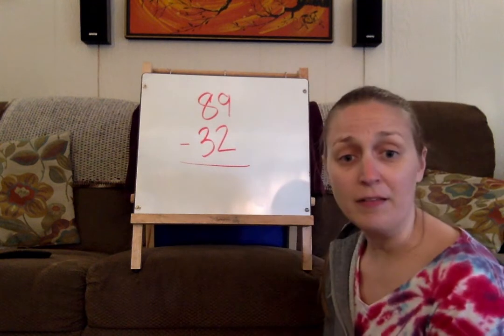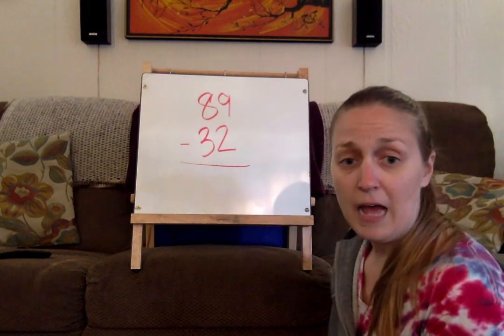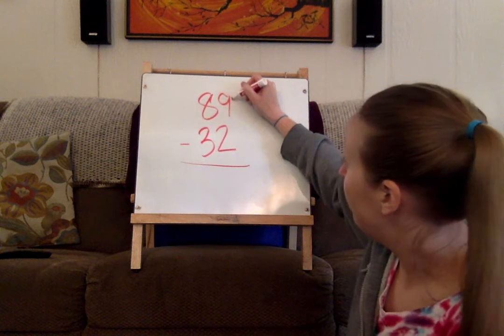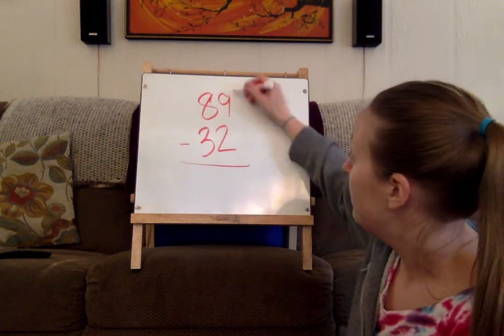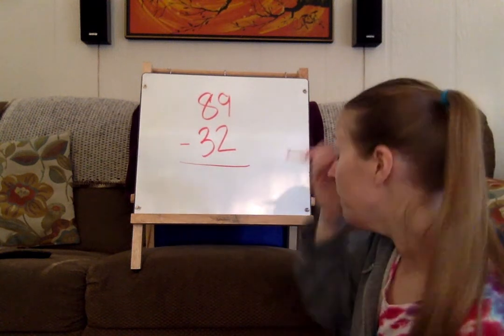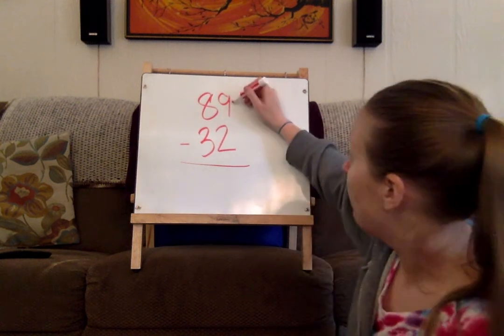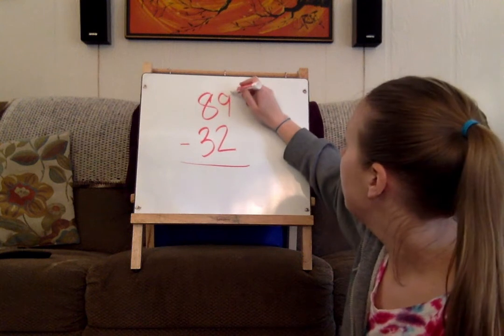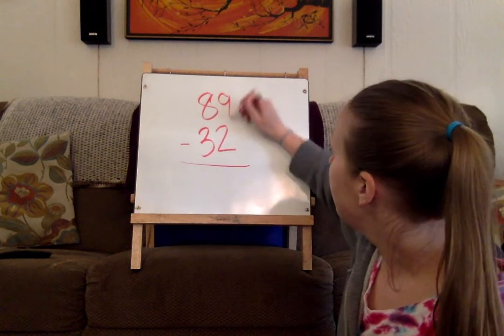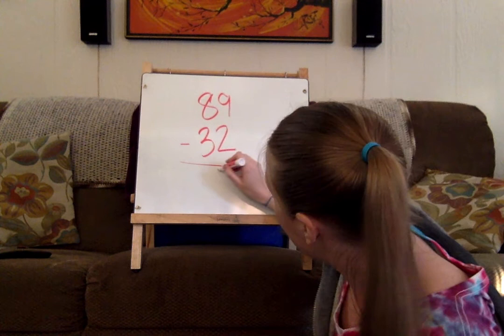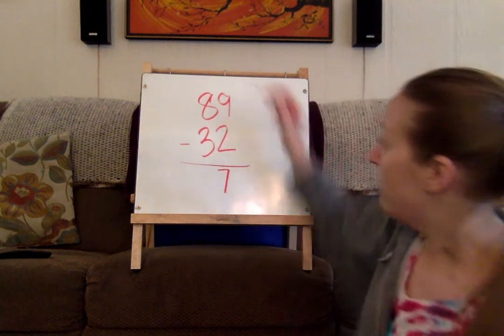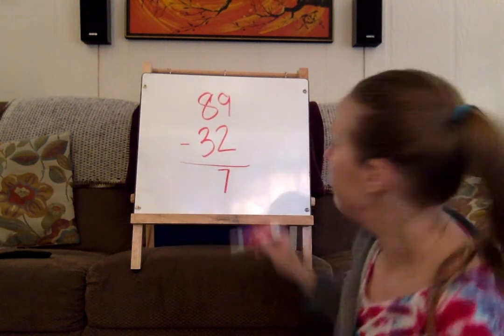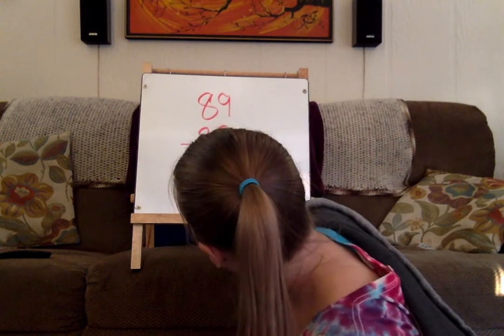And I'm going to ask myself, is there more on the top, more on the floor, or numbers the same? So in this equation, there is more on the top, so no need to stop. I can just solve this one the way it is. So 9 minus 2 is 7, and then 8 minus 3 is 5.